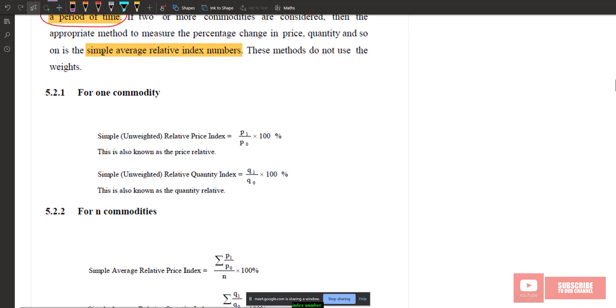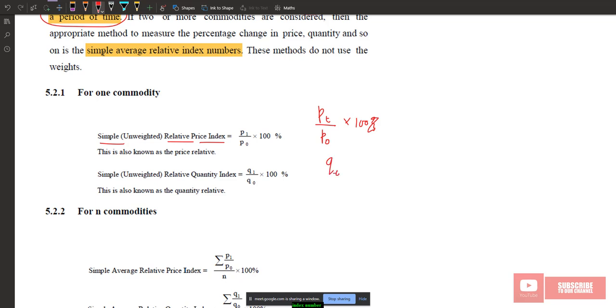So now for one commodity, let's say we have a simple relative price index. The formula is P_t divided by P naught multiplied by 100%, right? So this is a simple relative price index number.